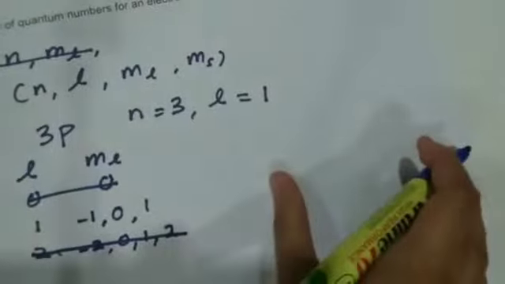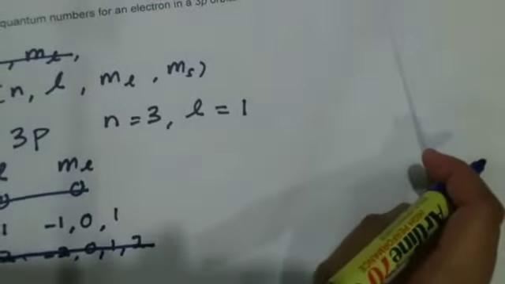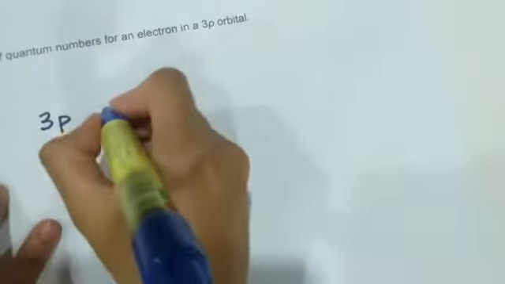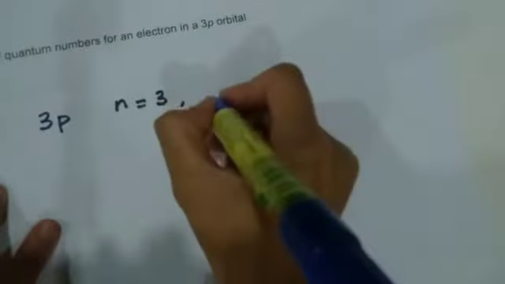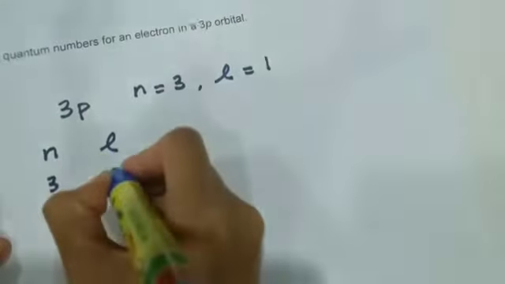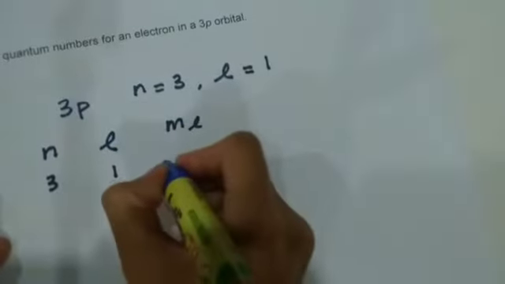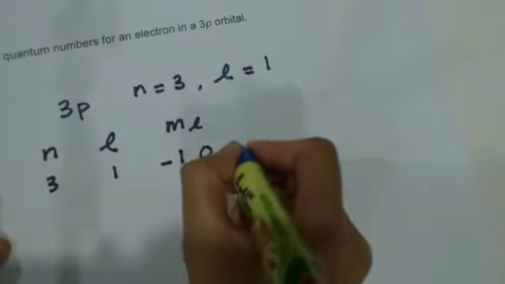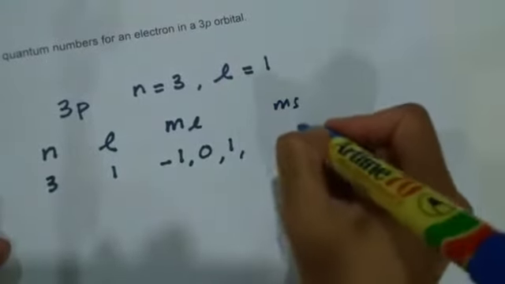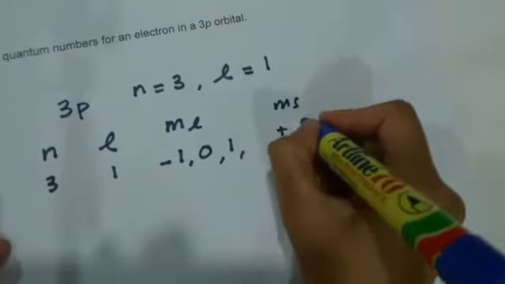Let's write on another paper. For 3p, n is equal to 3 and l is 1. Your ml is negative 1, 0, 1, and your electron spin is positive half or negative half.